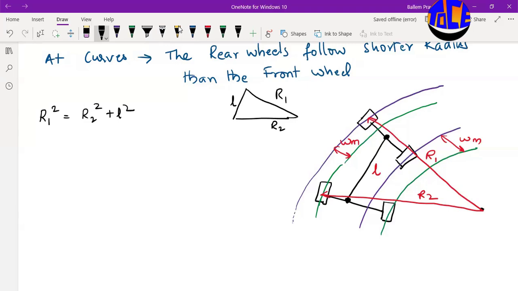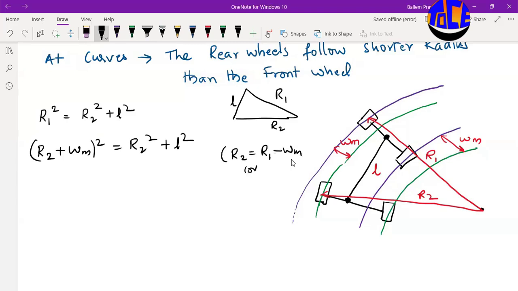We can write R1 as R2 plus WM, so R2 plus WM whole square is equal to R2 square plus L square. We know R2 is equal to R1 minus WM, or R1 is equal to R2 plus WM.